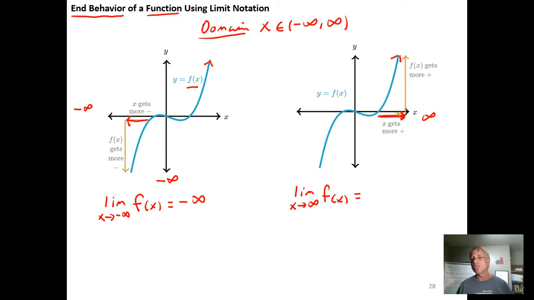As the inputs get infinitely large along the horizontal axis, where are the outputs going along the vertical axis? And here I can see that the outputs are going up towards positive infinity along the y-axis. So I say, the limit as x goes to positive infinity of my function is infinity. That's where the function is going. That's its end behavior.